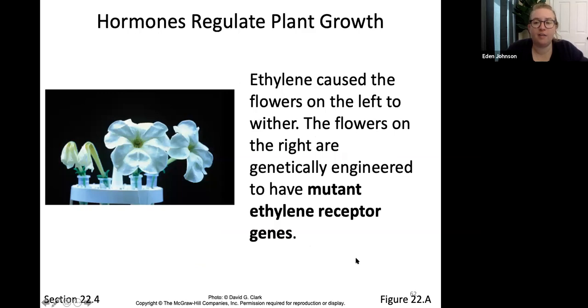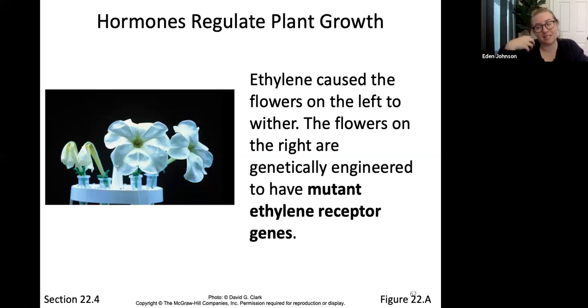Here you have ethylene that caused the flowers on the left right here to wither. Flowers on the right are genetically engineered to have mutant ethylene receptor genes. So amazing. In this case, the plant releases ethylene, but the ethylene receptors in the plant have been mutated.